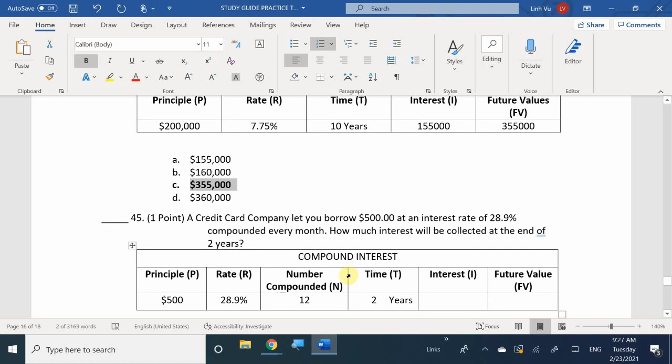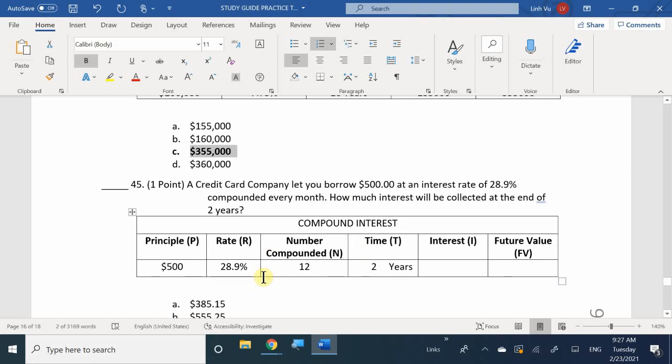So then here, a credit card company lets you borrow $500, okay, at an interest rate of 28.9%. All right, and it's compounded every month. How much interest will be collected at the end of 2 years? So this one you need more than a calculator. If you have Excel, then you're good to go for here. But let's go ahead and solve this.